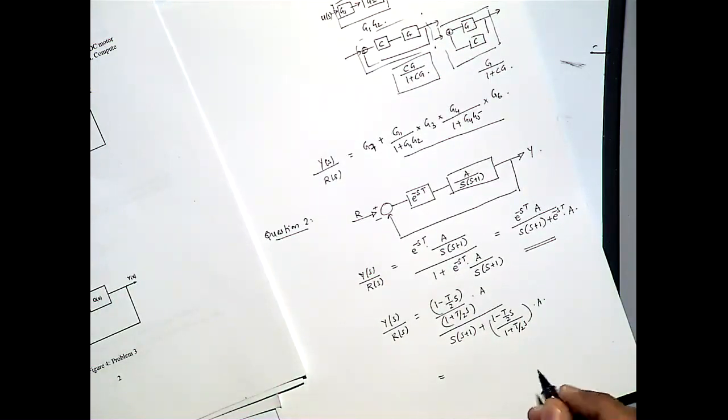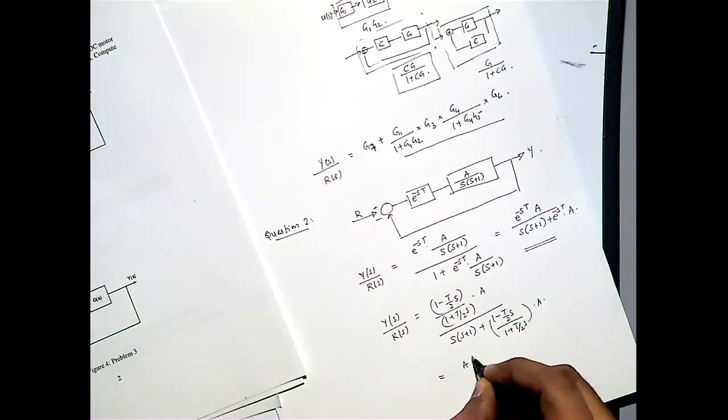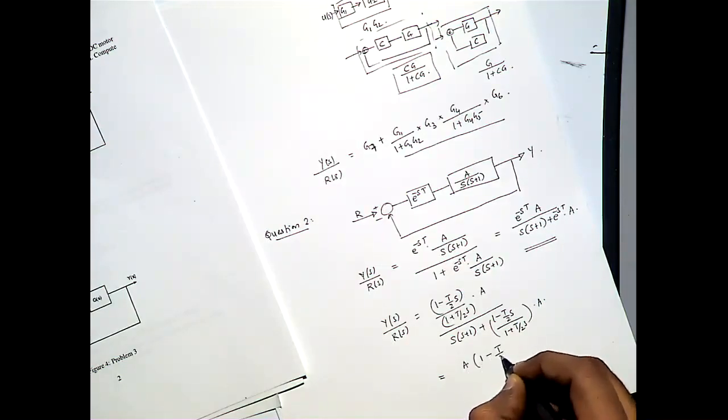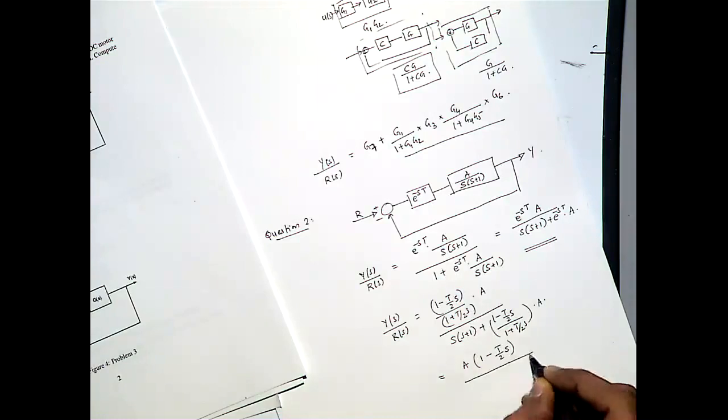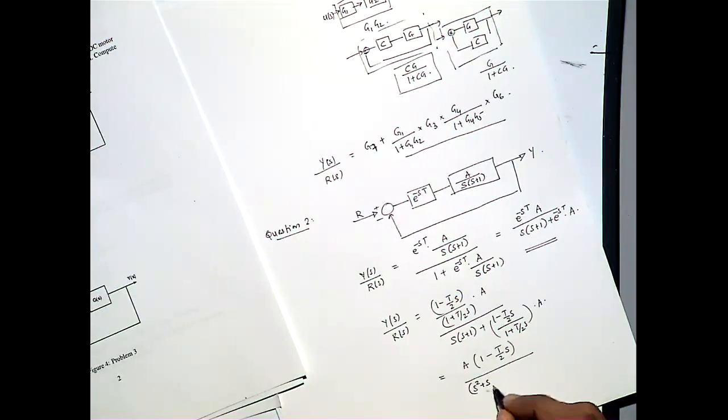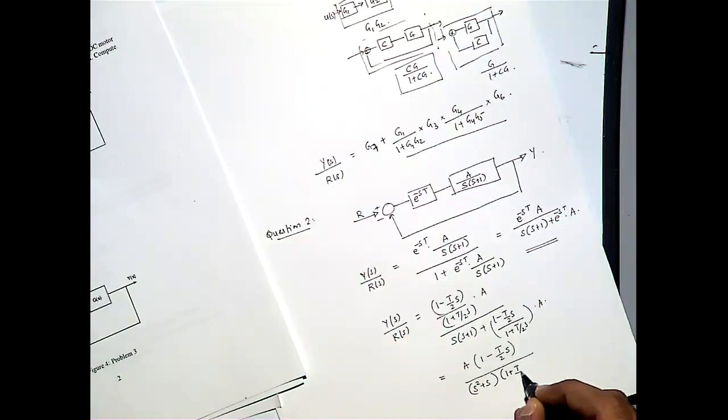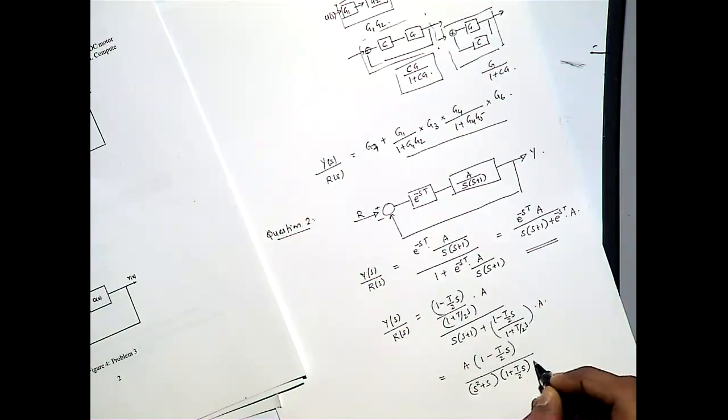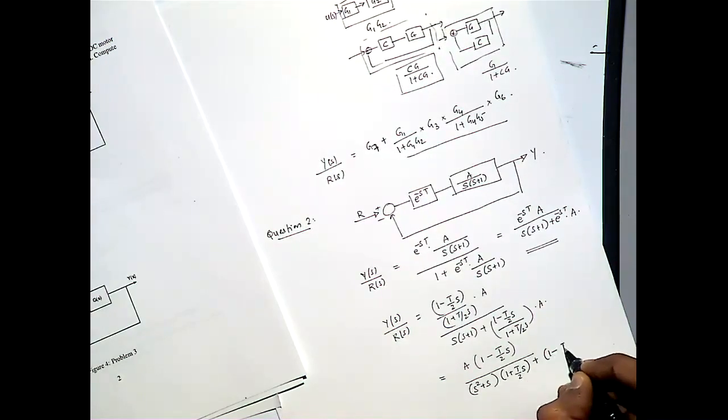What we will get right now will be A times (1 minus T/2 s) divided by, this first term is s square plus s, right? This times the denominator term (1 plus T/2 s) plus (1 minus T/2 s) times A.